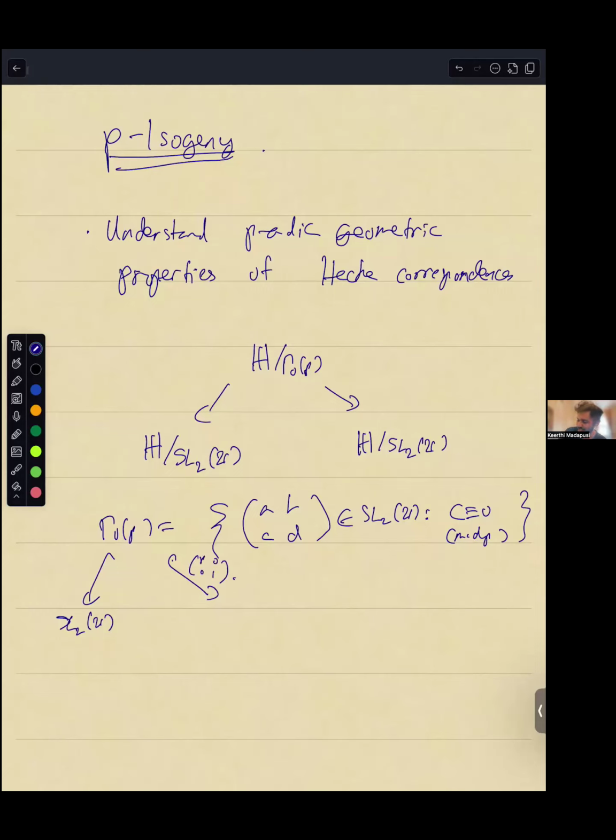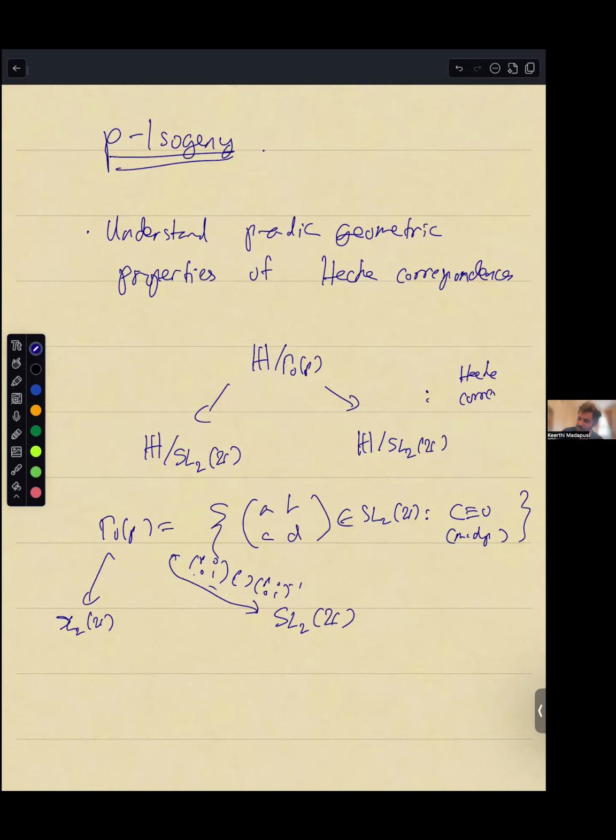If I conjugate by this matrix, or maybe the other way around, that gives me another map to SL2Z. And when you use these maps, you get these two projections from H mod gamma naught of P to H mod SL2Z. And this is the classical Hecke correspondence.